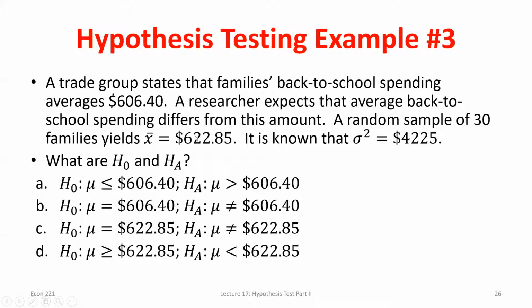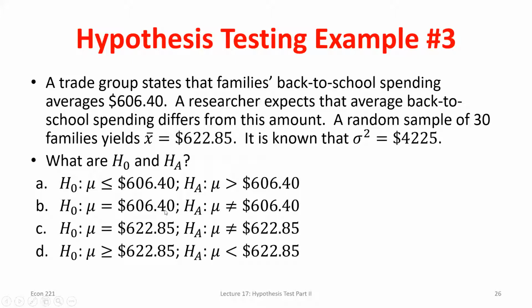You should not be using the value that you see from your sample. The value you see from your sample, that sample mean, is the evidence with which you're going to try to reject or fail to reject reported values or assumed true values. Okay? So seeing that $622 in here, you shouldn't have the sample mean as the value that you're testing the hypothesis against or for.